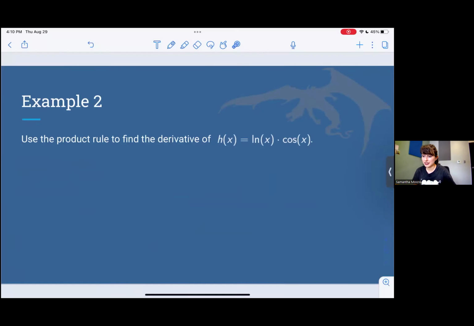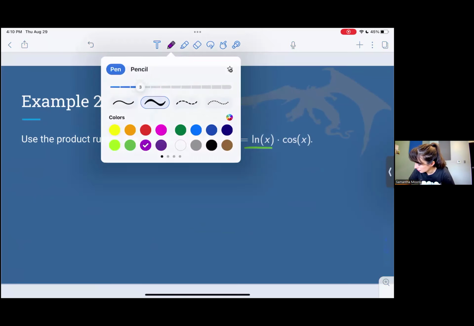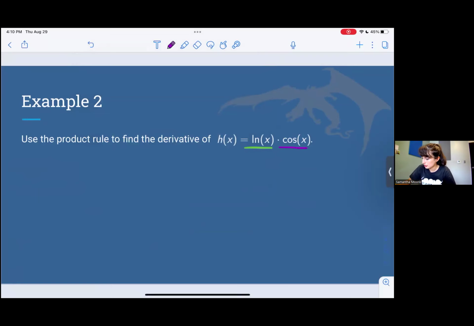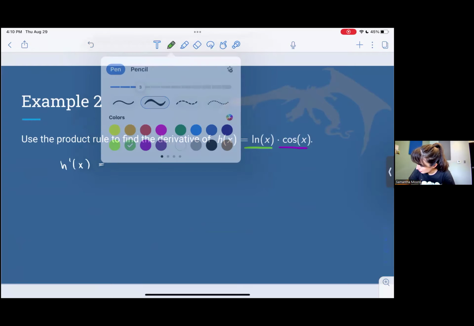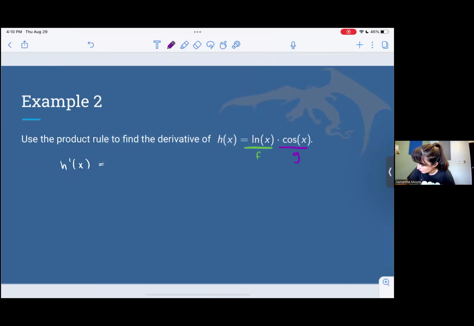So let's go ahead and see an example of this in practice. So let me see my color code here. So I'm going to think of my two functions. Then since h prime of x is a product of two functions, again, I'm going to think of this as f and this as g.